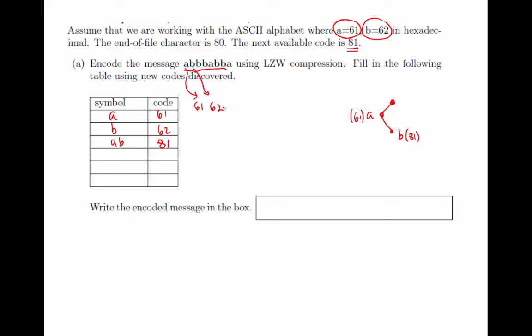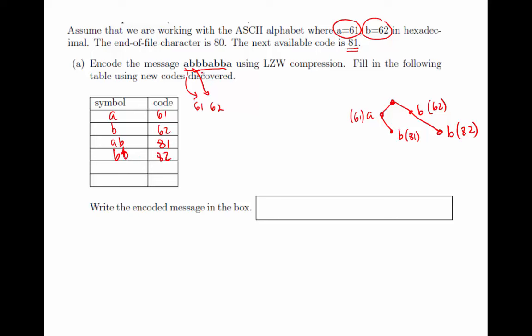That's B. And then I look up BB, so now I have to put the next character, which is BB, that will have the code 82. So BB will be added to the symbol table with the code 82.